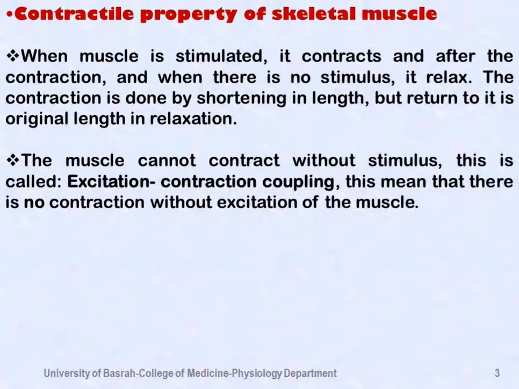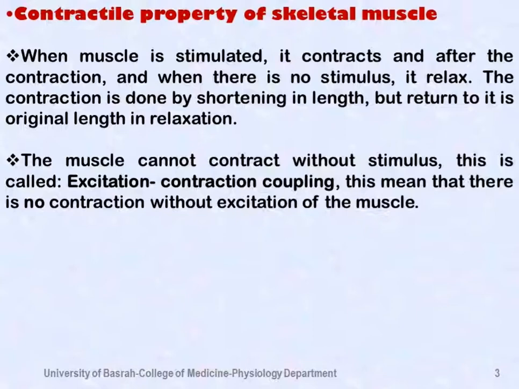The contractile property of skeletal muscle: when the muscle is stimulated, it contracts, and when there is no stimulus, it will relax. The contraction is done by shortening in length, but it returns to its original length in relaxation.